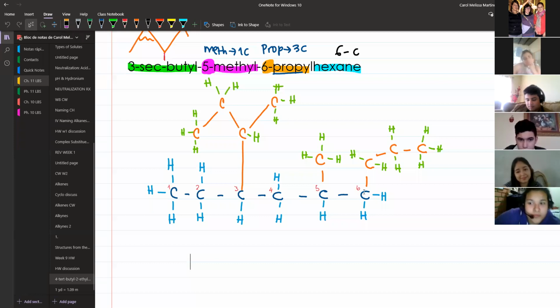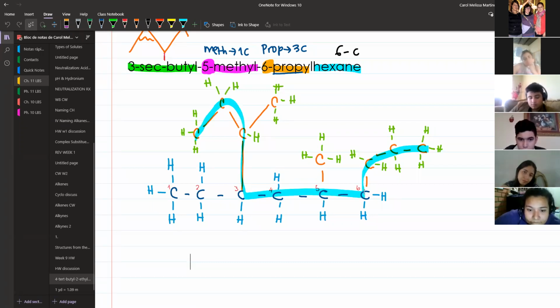Okay, take a look here. If I do my parent chain like this, how many carbons is it going to give me? 10. So actually the name is not hexane, it is decane.